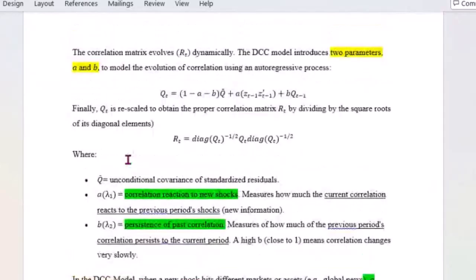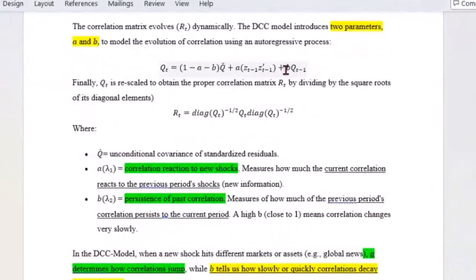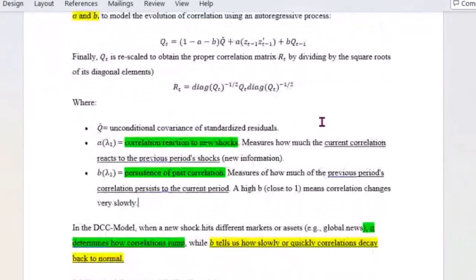So when you talk about the dynamic model, we have introduced two parameters A and B. And remember, in this one, we are comparing two variables. The first one will tell us the correlation reaction to the new shock.